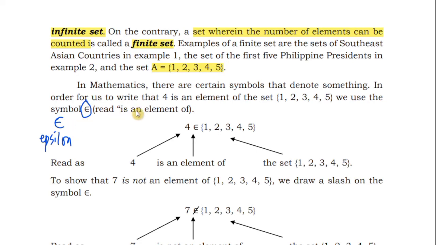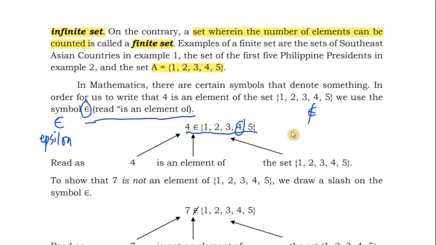This symbol represents an element. So 4 is an element of the set 1, 2, 3, 4, 5. Since we could find 4 here, we could say that 4 is an element of 1, 2, 3, 4, 5.